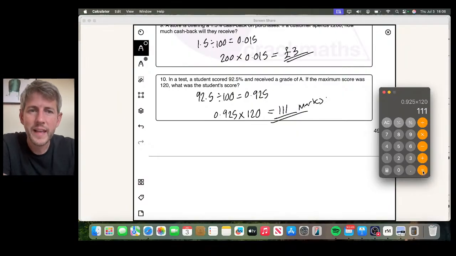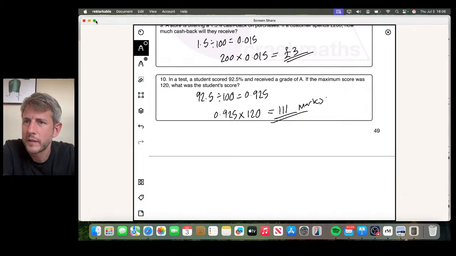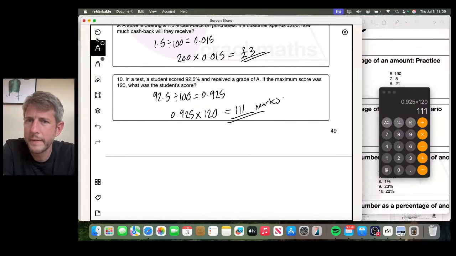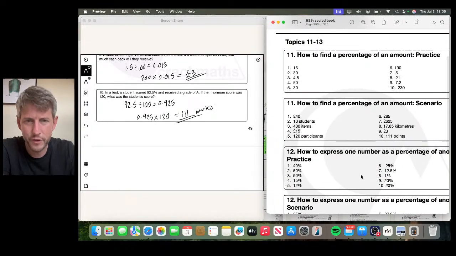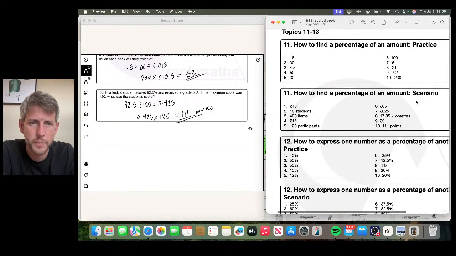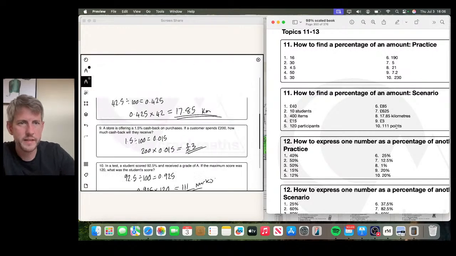Right, let's now find out how many marks we've got. Okay, so let's shrink this over here and then go here. So this was 11 and this was the scenario questions of the part 2. So let's see.